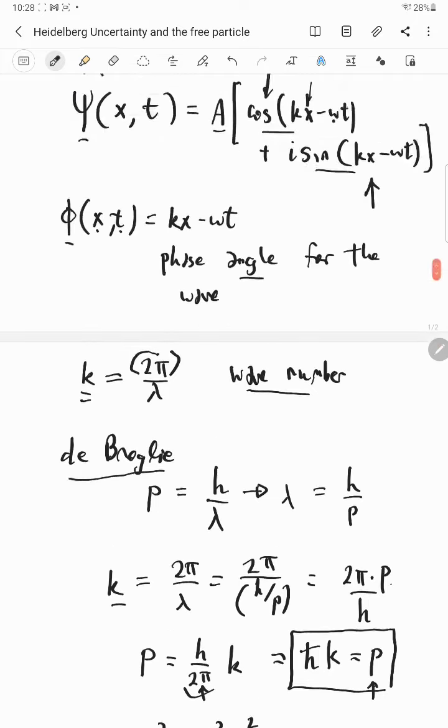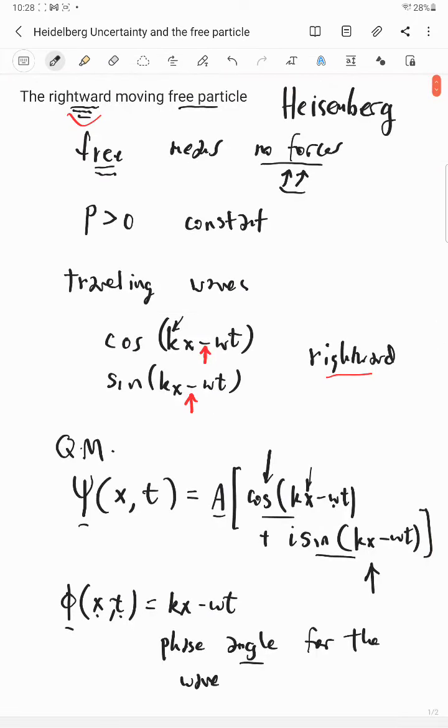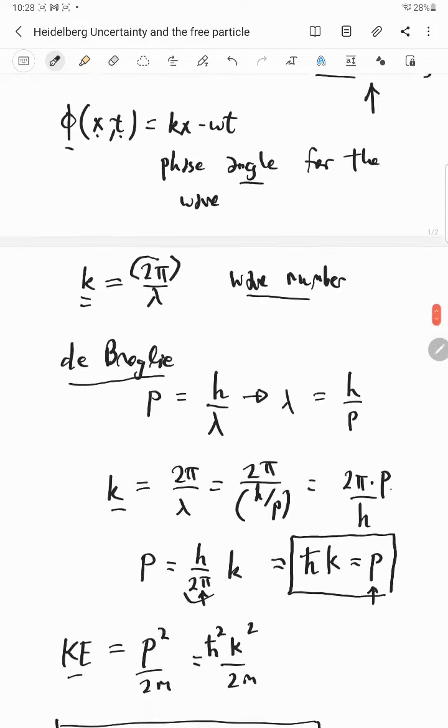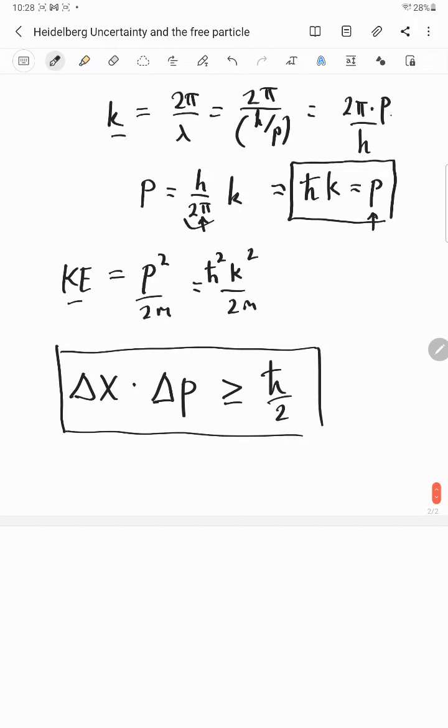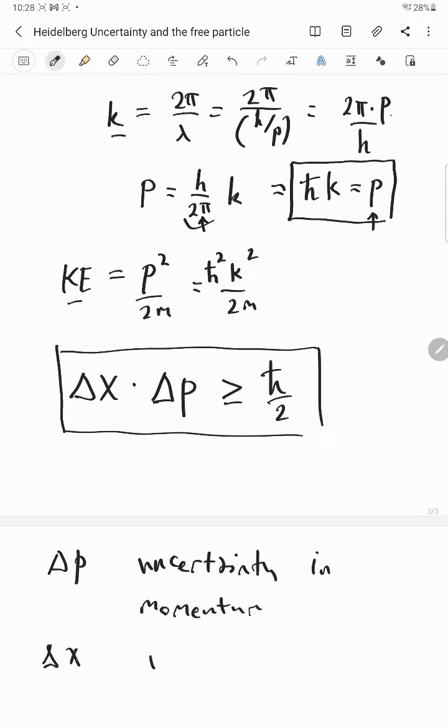And I just want to think about this free rightward moving particle in terms of what this is indicating. So delta p is the uncertainty in momentum. Delta x is the uncertainty in the location of the particle.